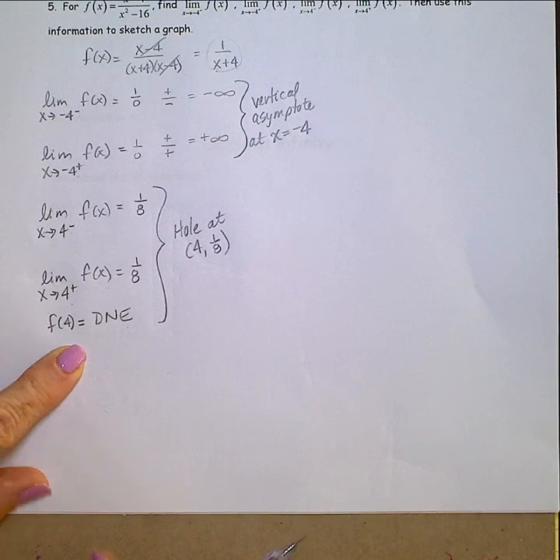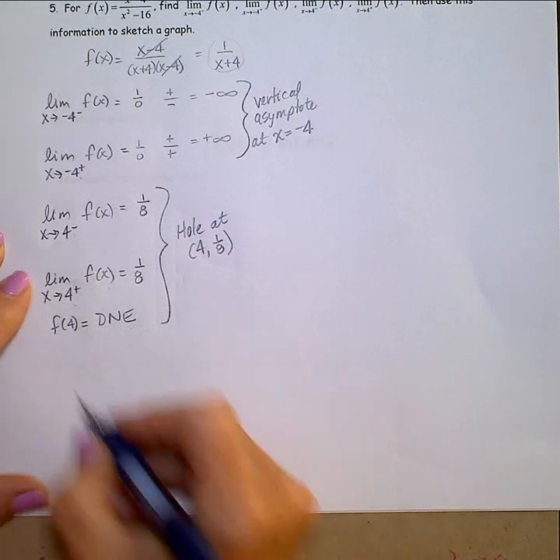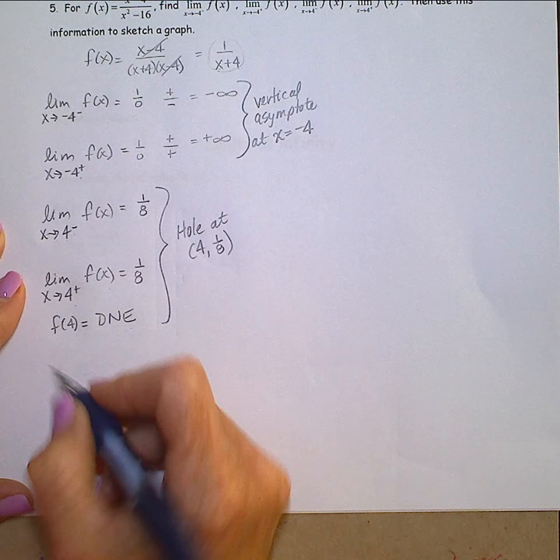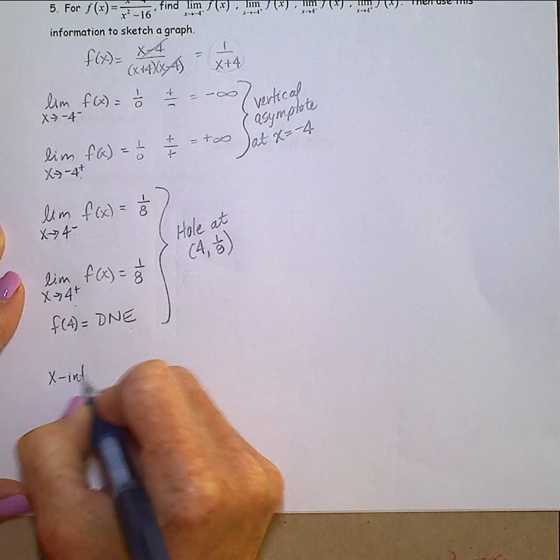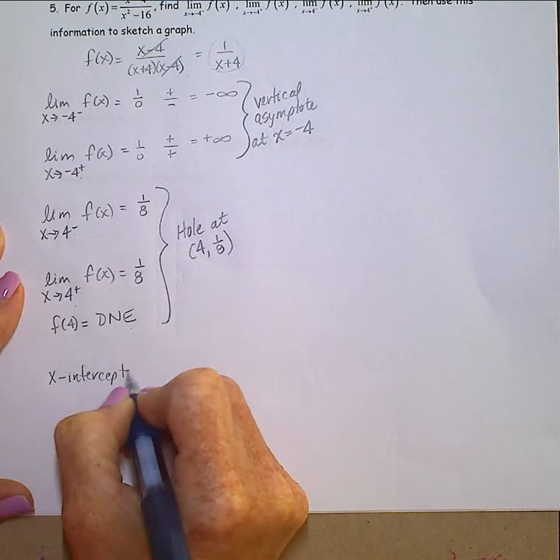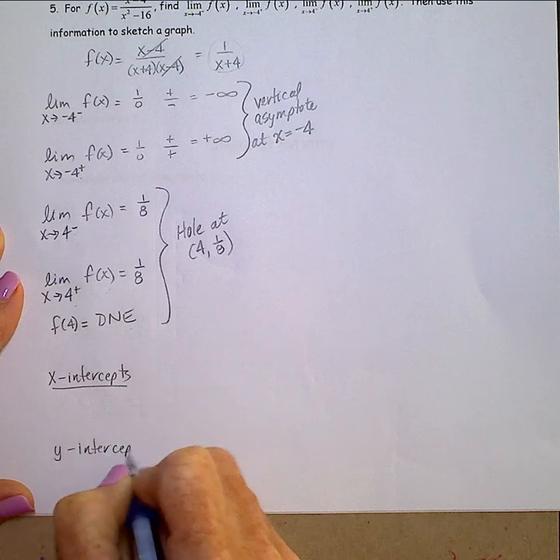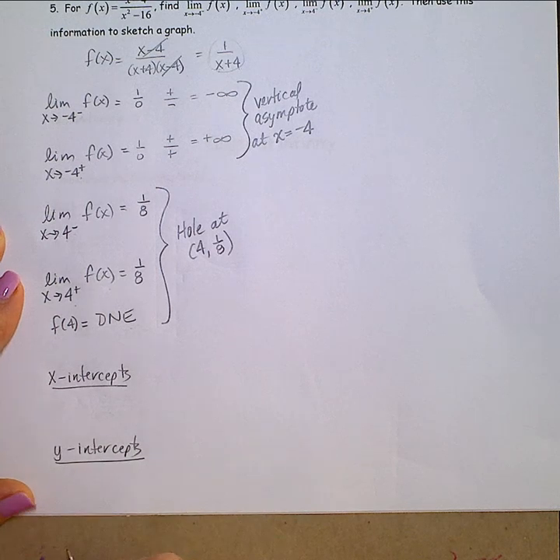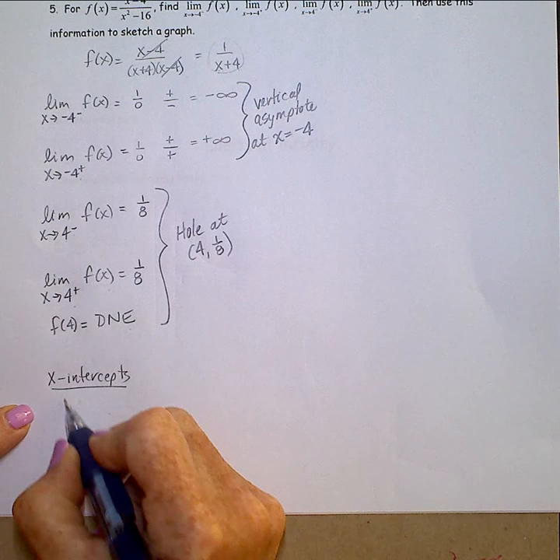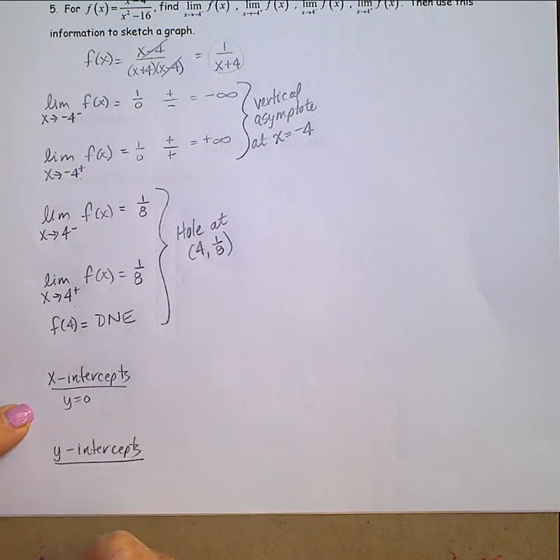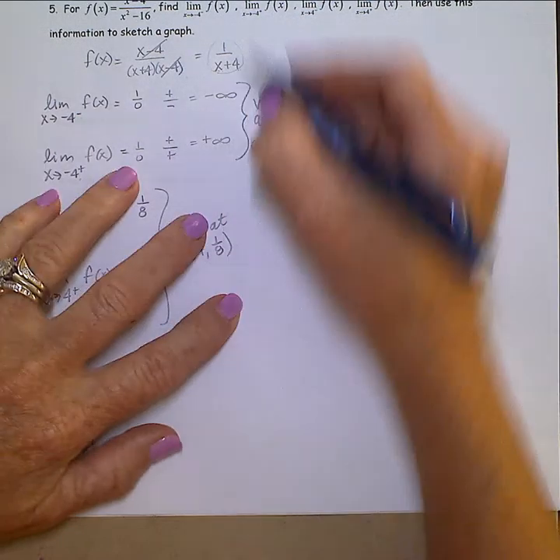Okay. Before we sketch this, let's find a few more pieces of information. Let's find x-intercepts and y-intercepts. X-intercept happens when y is equal to 0, when this function is equal to 0.